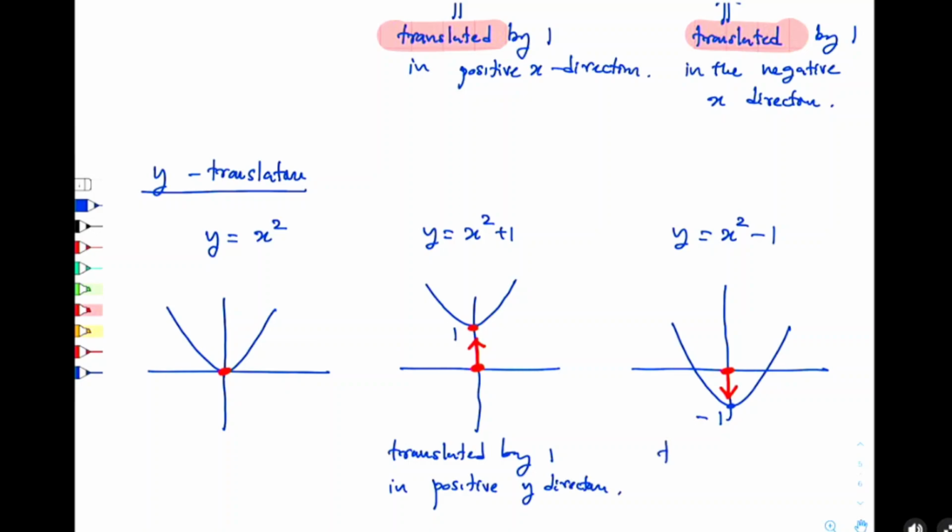This is translated by 1 in the negative y direction. So what is important? Positive, negative is important, translated is important, and direction is also important. Okay, all good?